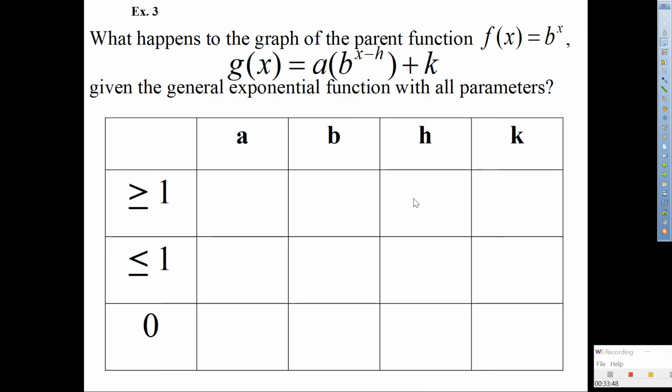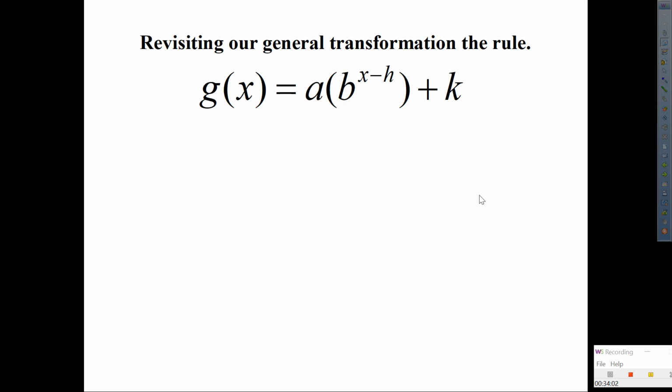So check this out. I'm not going to ask you to copy this one again. You should have this table, but those of you watching online, you can copy this table. Just fill in each of the boxes there according to the general rule. But I do want you to copy this next one. Copy the general rule again, but now focus on the base.